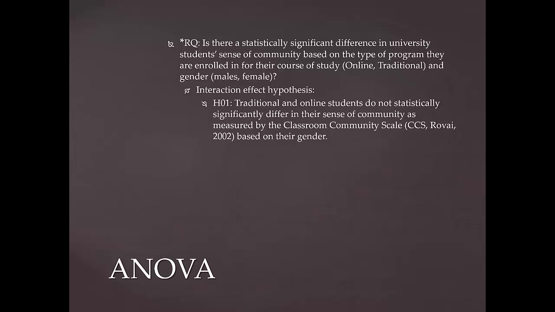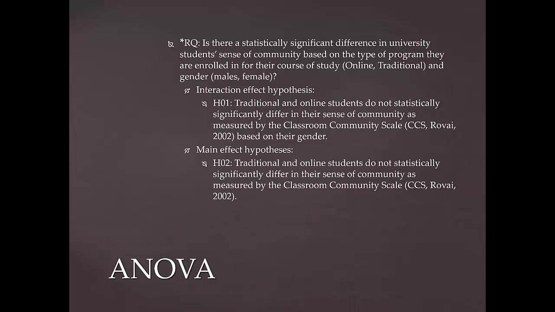We also have two null hypotheses, called main effect null hypotheses, that consider each independent variable separately. Here you can see the second null hypothesis, which is a main effect null hypothesis: traditional and online students do not statistically significantly differ in their sense of community as measured by the classroom community scale.